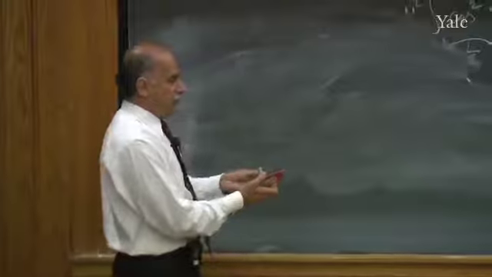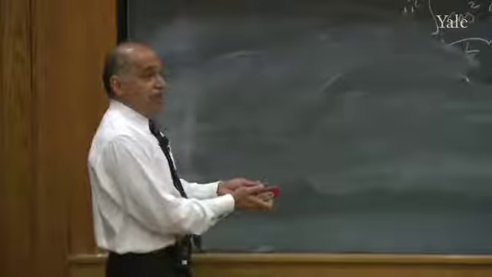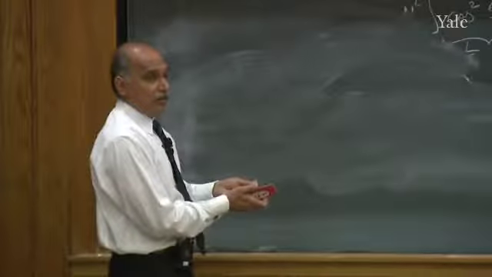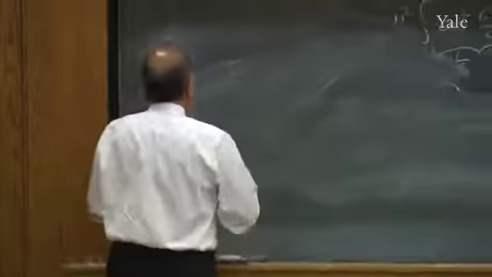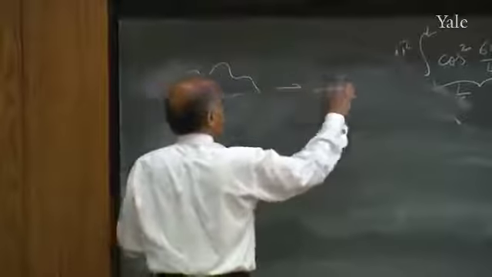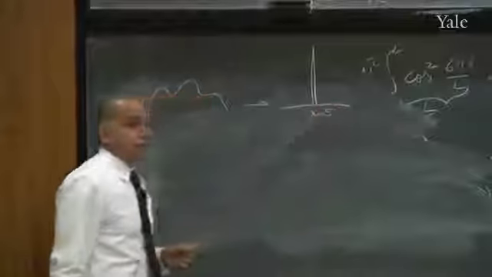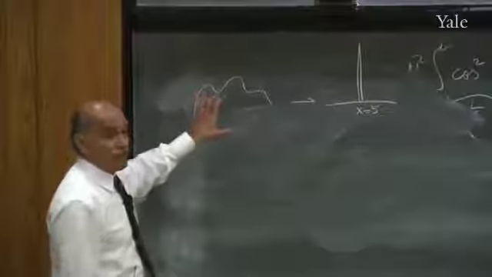Because you know that you found it at x, it means, if that has any meaning at all, that if you repeat the measurement immediately afterwards, you've got to get the same answer. Therefore, your initial function could have looked like that, but after the measurement, it collapses to a delta function at the point where you found it. This is called the collapse of the wave function.